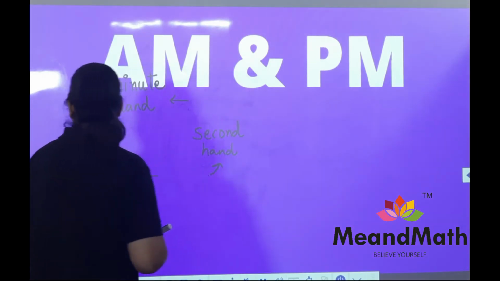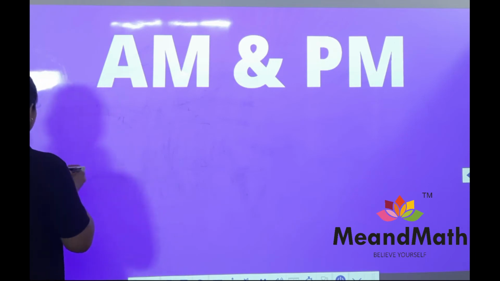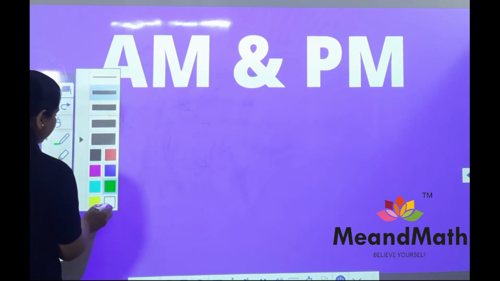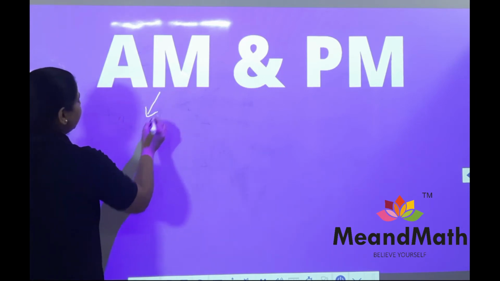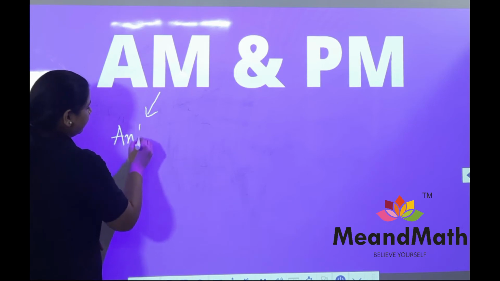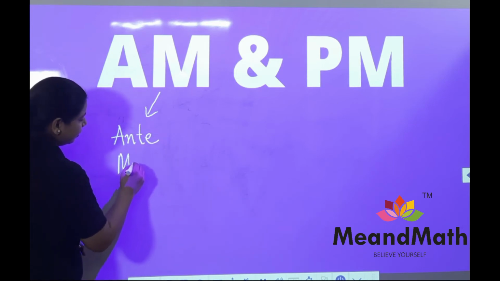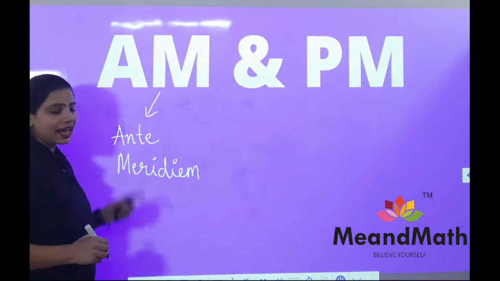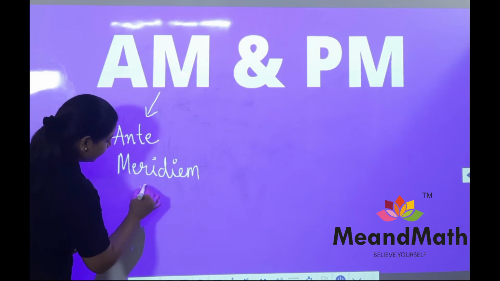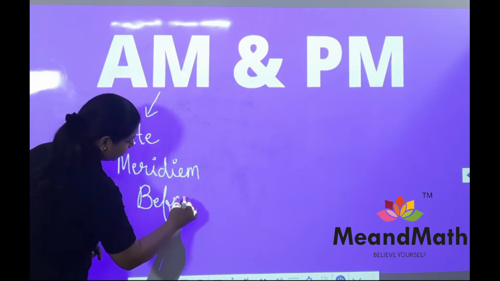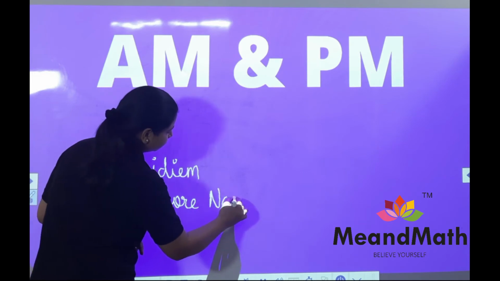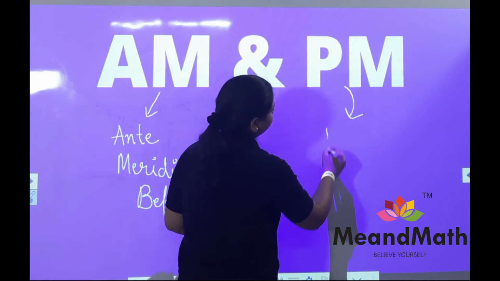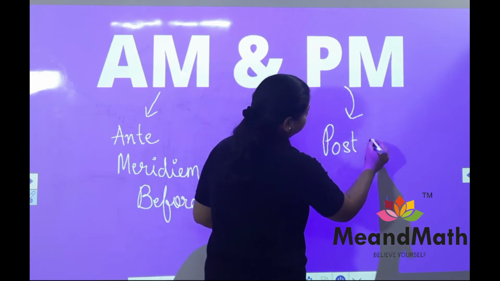So AM means antemeridiem, right? Antemeridiem means before noon. Okay? And PM means post meridian.